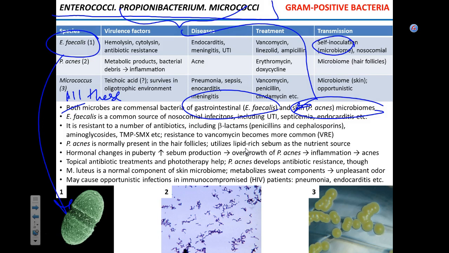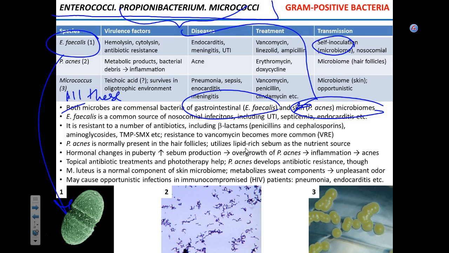So why are we so concerned about Enterococcus faecalis? It turns out that this microorganism acquired quite a lot of resistance to the antibiotic vancomycin, because we used vancomycin to treat patients with methicillin-resistant Staphylococcus aureus. So Enterococcus in those patients' guts was constantly exposed to vancomycin and eventually developed resistance.